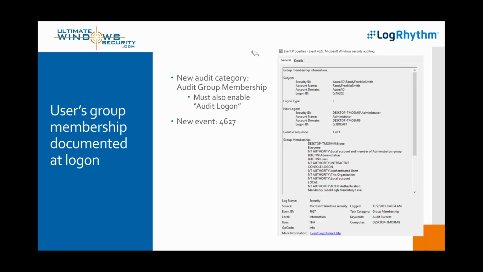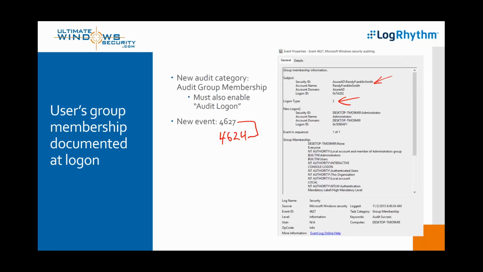Okay, so 4627, what does it tell us? It gets logged when you log in. So this event and 4624, basically a one-to-one correspondence, I would say. But this is so cool. This is telling us that Randy Smith, with his Azure AD account, logged in.